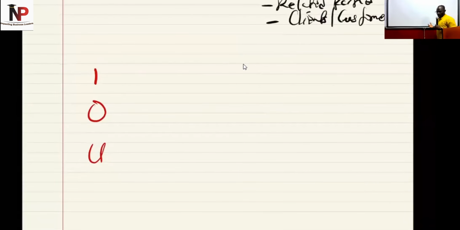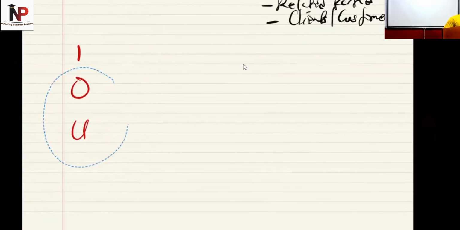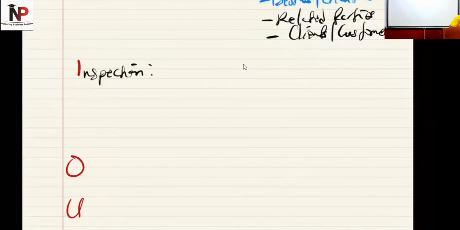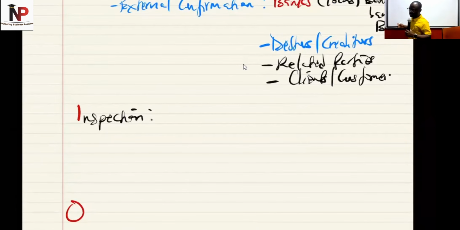But after inquiry, sometimes we have to do some inspection. That is the third one, inspection. So what is inspection generally? Go and ask your English teacher. Inspection refers to the simple verification of certain items.